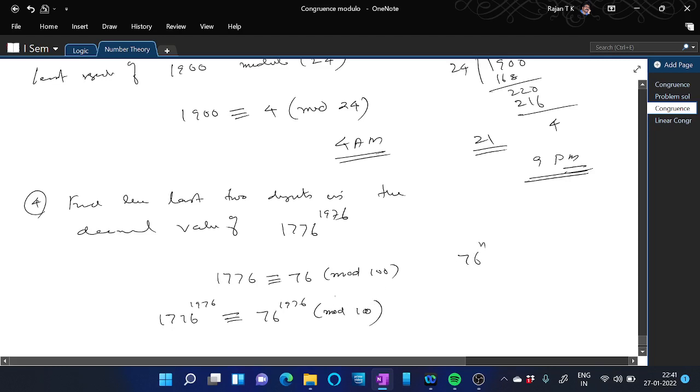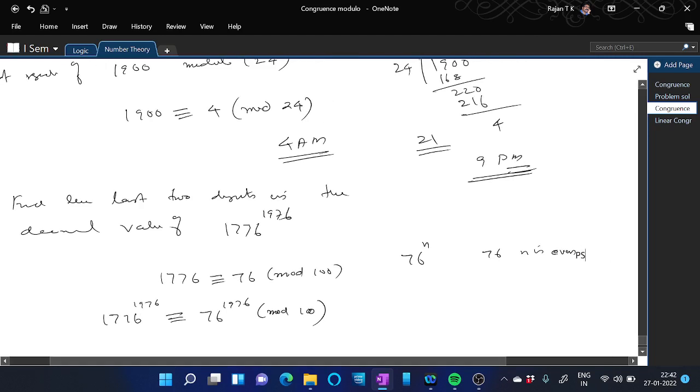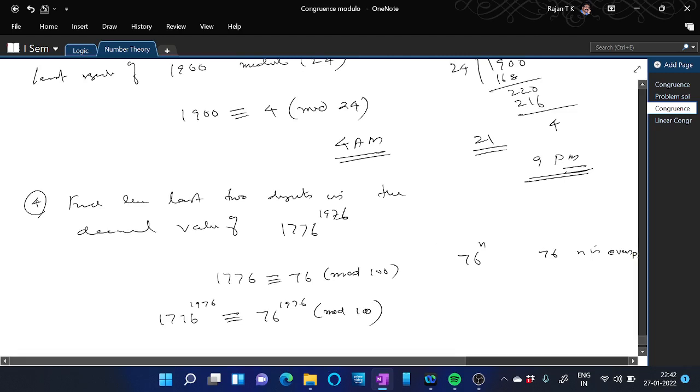You know, 76 raised to n, for example 76 square, 76 cube, ends in 76 whether n is odd or even, because 76 into 76 ends in 76, and 76 into 76 into 76 again ends in 76.